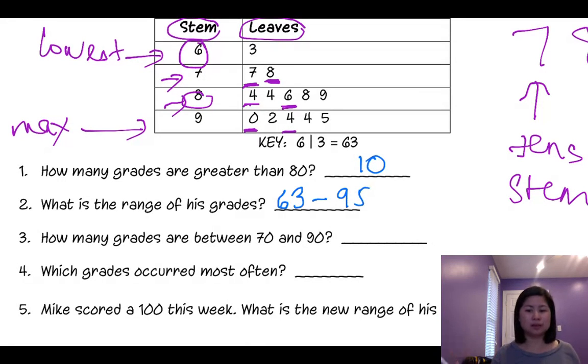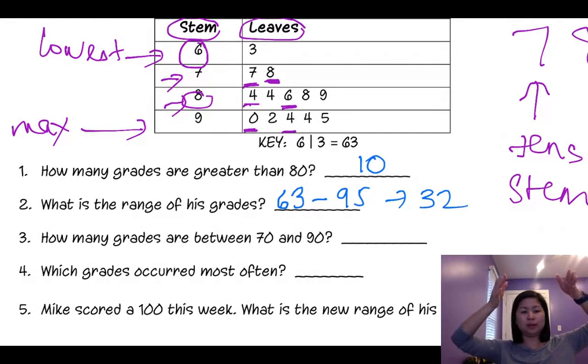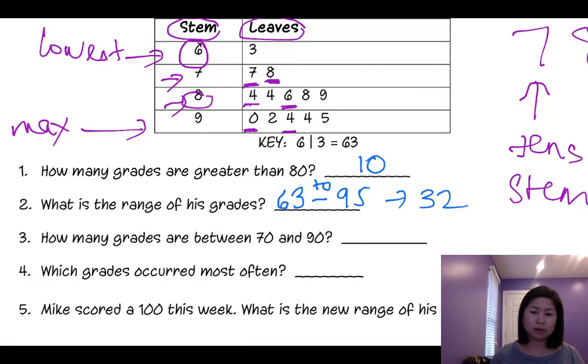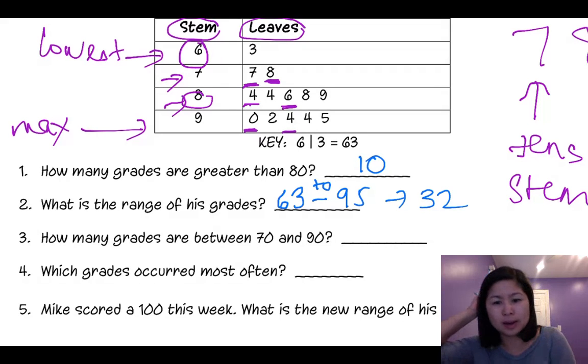The difference is if I take 95 minus 63, that gives me 32. One of the questions I got from students is why you take 60 when we do the frequency table, we do the lower limit and upper limit. And some of you asked me why did I subtract? This means 63 to 95. I'm not subtracting anything.